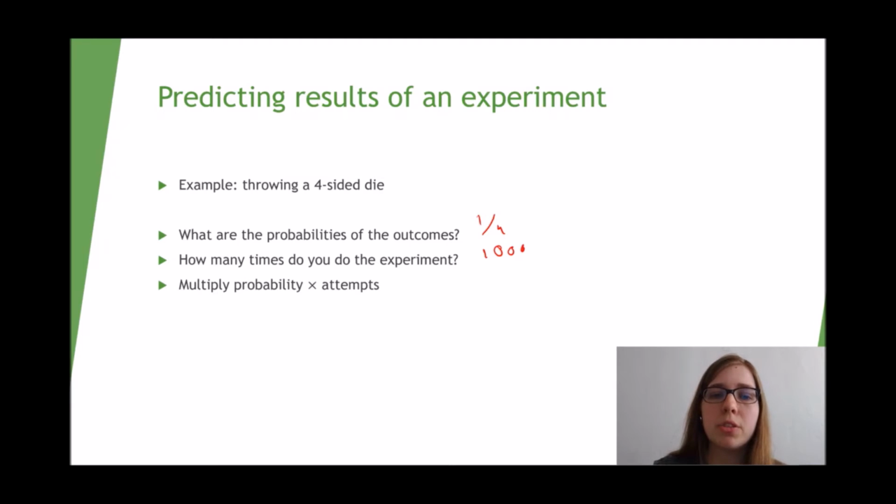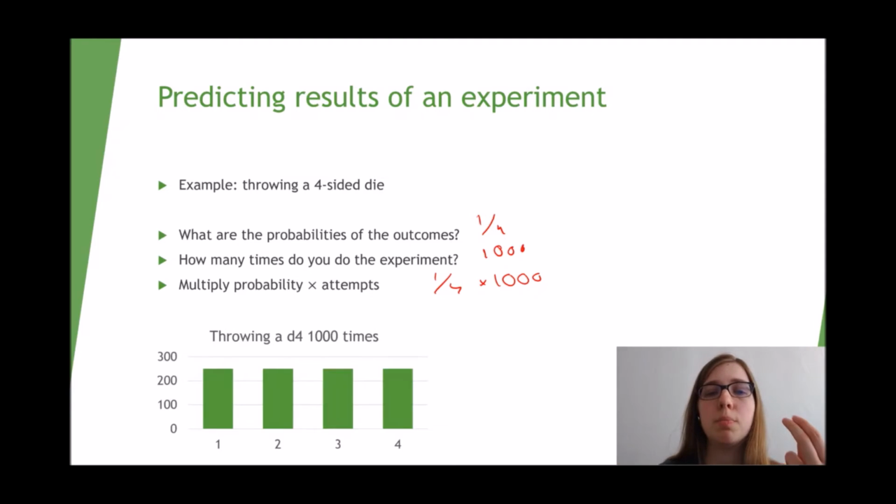Then all I have to do is multiply the probability by the number of attempts that I'm making. So I roll my d4 1,000 times, with a probability of 1/4 each, which means that I expect about 250 times for each result. Now, if I were to actually roll this die 1,000 times, I'm not going to get exactly 250, but it is going to be pretty close.